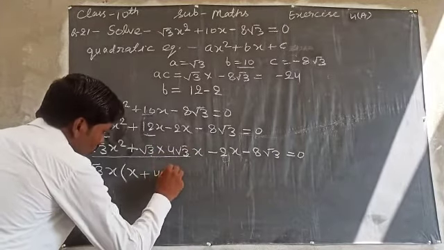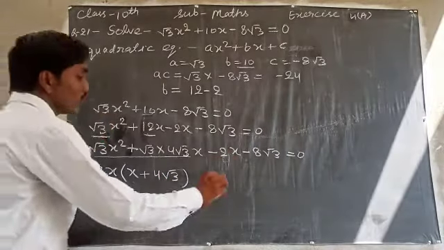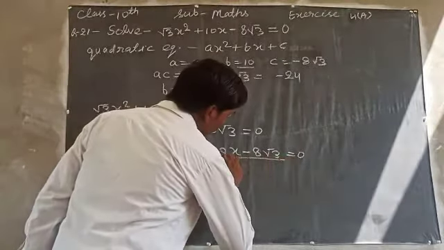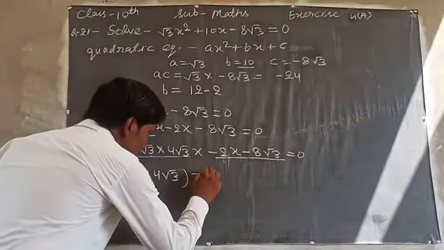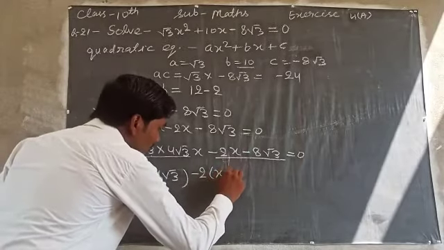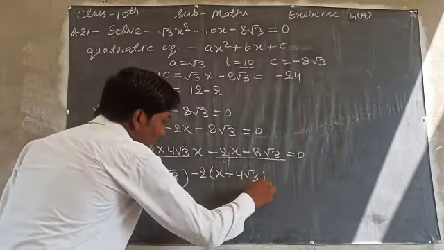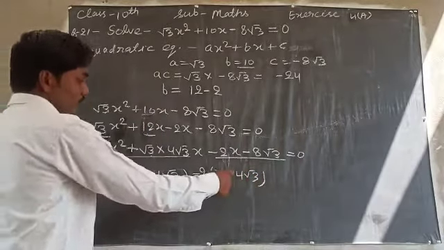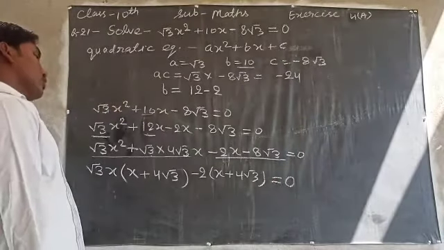So it will be x plus 4 root 3. Now from this portion, when we take common minus 2, it will be x plus 4 root 3, because 4 times 2 is 8. So it will be x plus 4 root 3 is equal to 0.